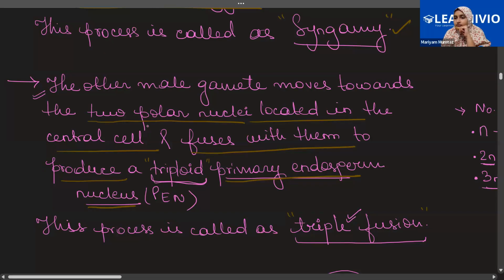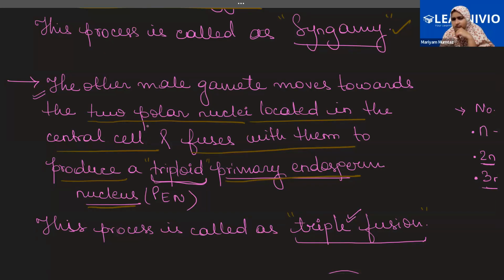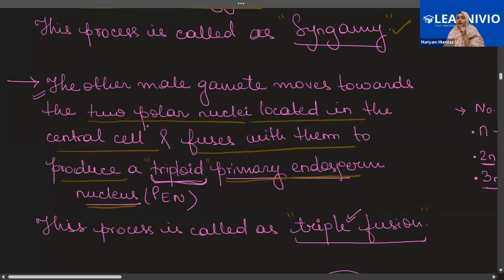Triploid means 3 sets of chromosomes. Always remember, diploid means 2 sets of chromosomes, haploid means 1 set, and triploid means 3. So after the second male gamete fuses with the polar nuclei, it forms a triploid structure. Triploid means 3N, isn't it?